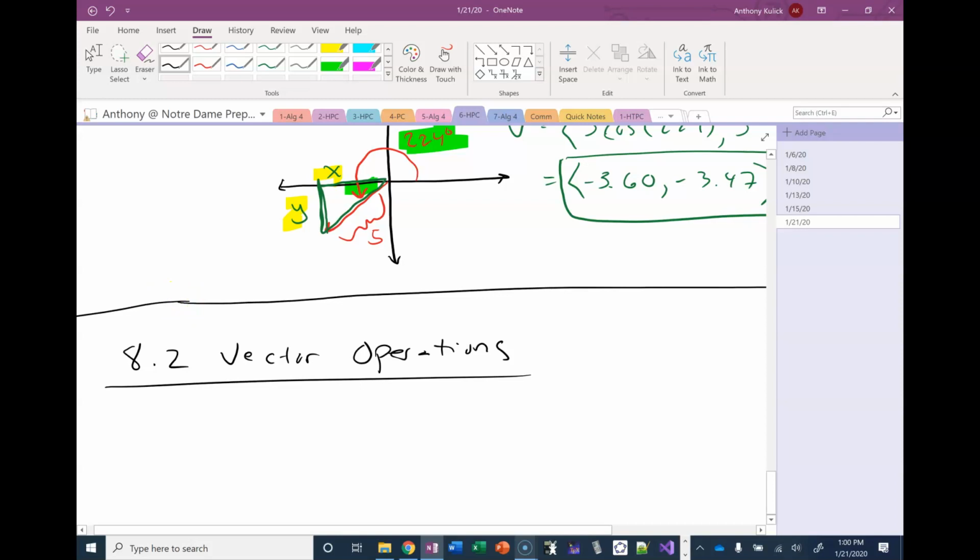So, next up, we're going to start talking about vector operations. When we say vector operations, we mean things like add, subtract, multiply. Well, it turns out there's actually a couple different kinds of multiplications for vectors.